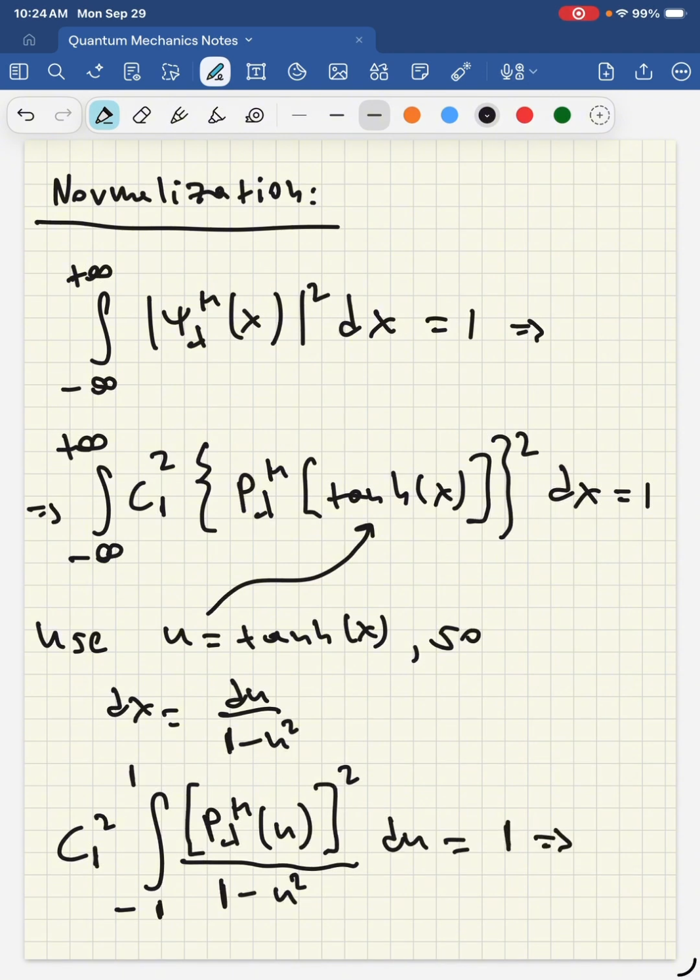This is a well-known integral. You can check any tables of integrals. Usually tables of integrals or a book on math methods, I didn't check Arfken, but Arfken might have a chapter devoted to these polynomials and their identities. You can go online and check the Wolfram MathWorld page.